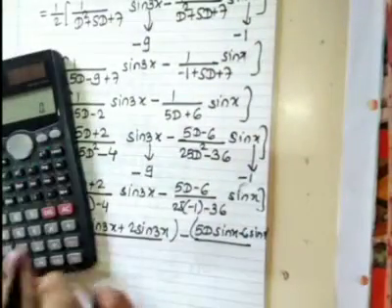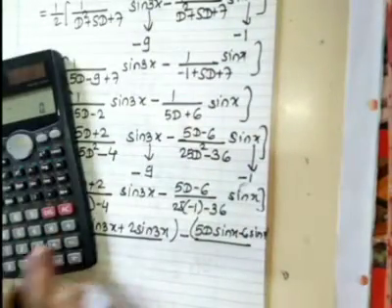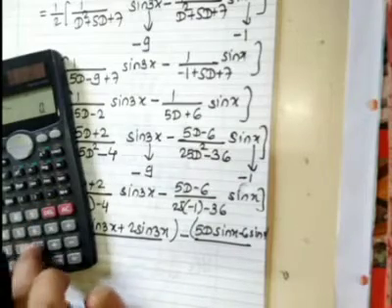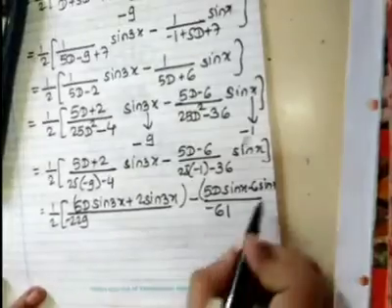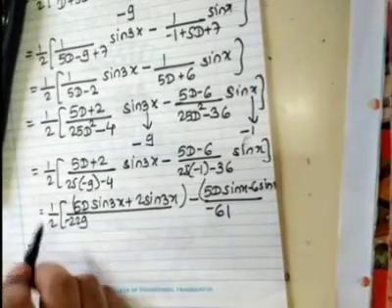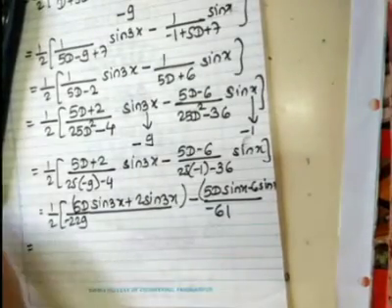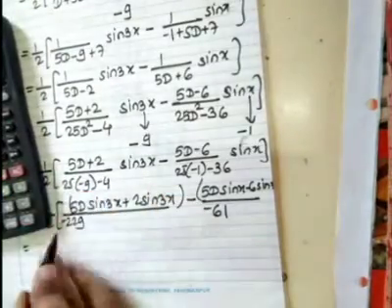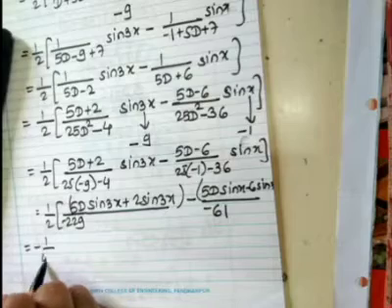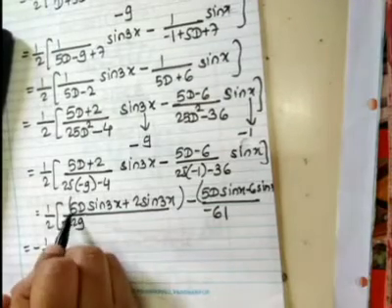Minus 25 minus 36, minus 61. Okay, that is equal to 2 into 229. How much is it? 2 into 229 is 458. So it is minus 1 upon 458 into 5d.